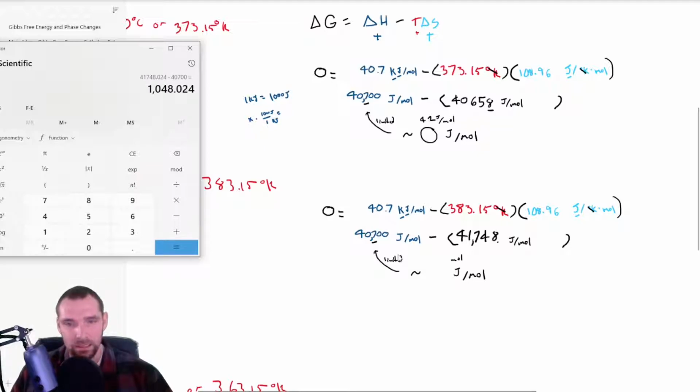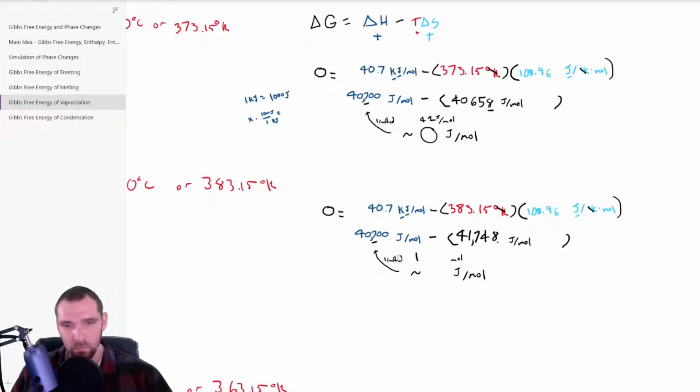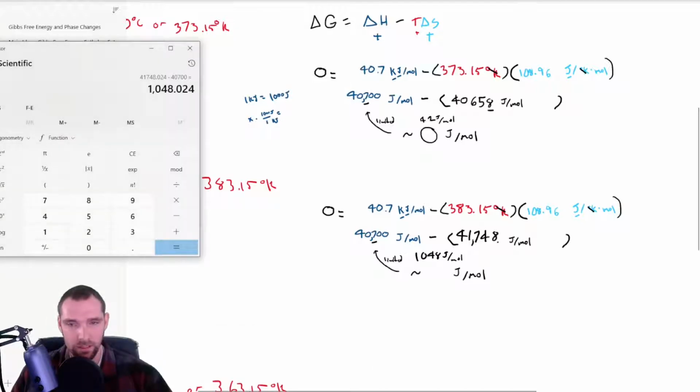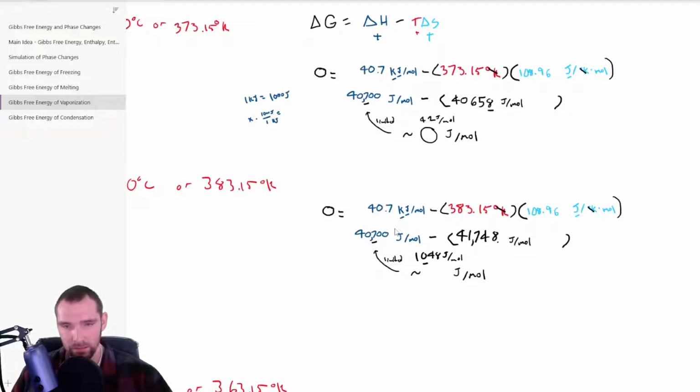And we get 1048 joules per mole. And then if we round that to the hundreds place, it's actually gonna be 1000 joules.